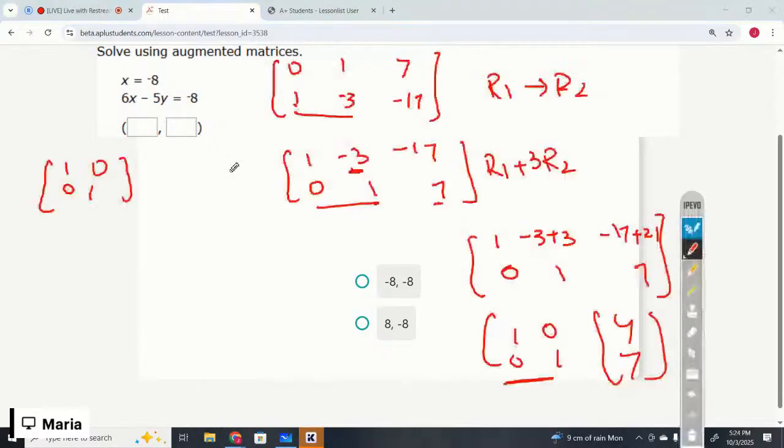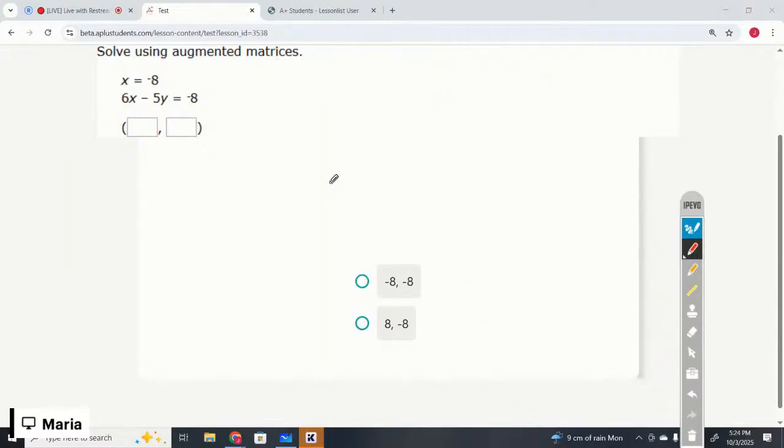Next question: x equals negative 8 and 6x minus 5y equals negative 8. The augmented matrix is 1, 0, negative 8 and 6, negative 5, negative 8.